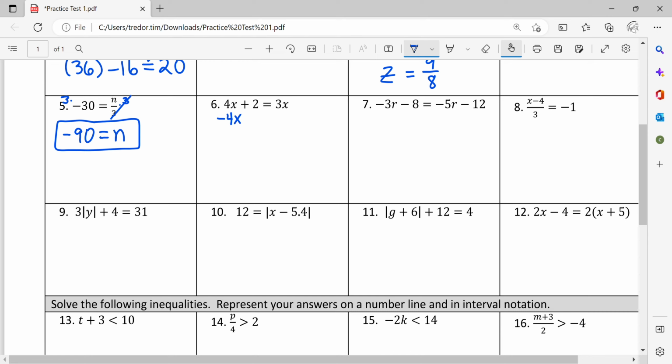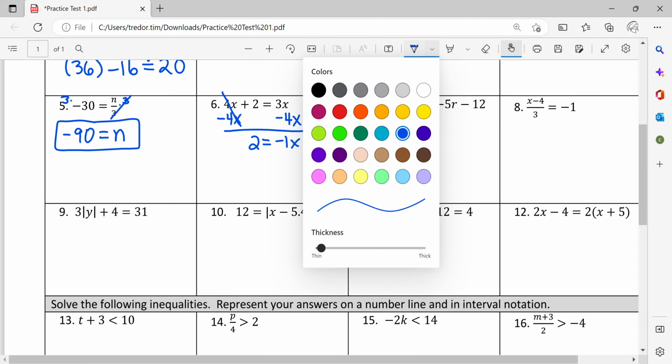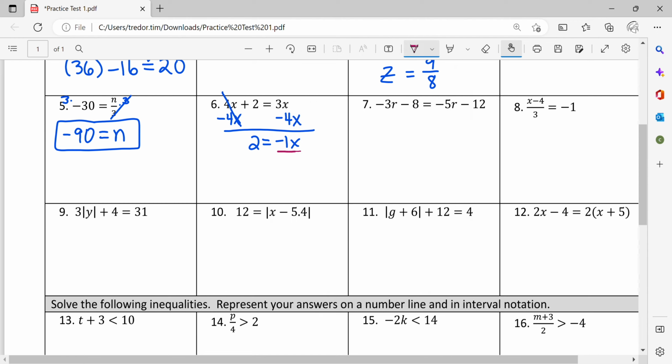So if I subtract away the 4x on the left side of the equal sign and do the same thing on the right side to keep my equation balanced, I'll be left with 2 equals 3x minus 4x, which would be negative 1x. I'm going to divide both sides by negative 1 to get x completely by itself. And I'll get negative 2 equals x, or x equals negative 2.